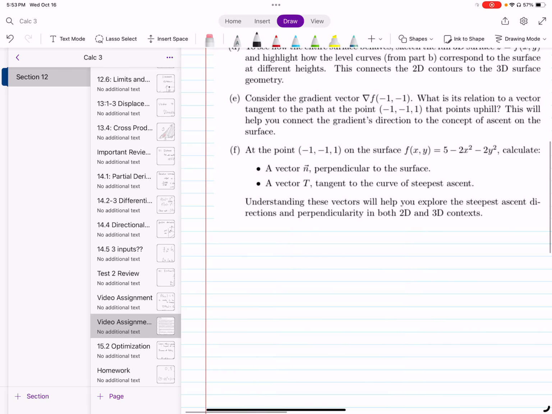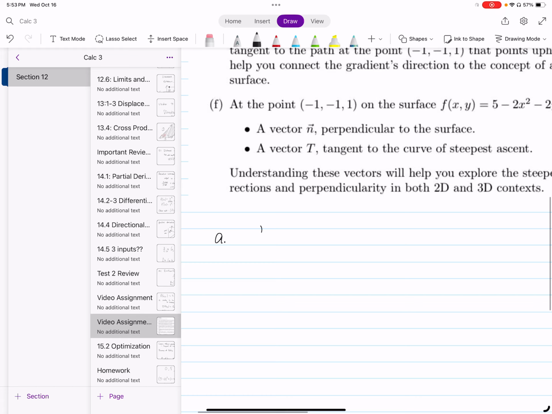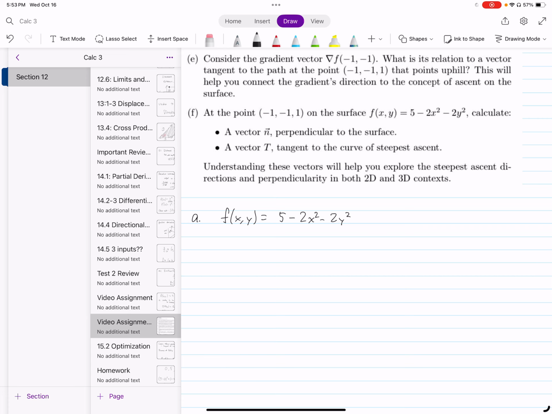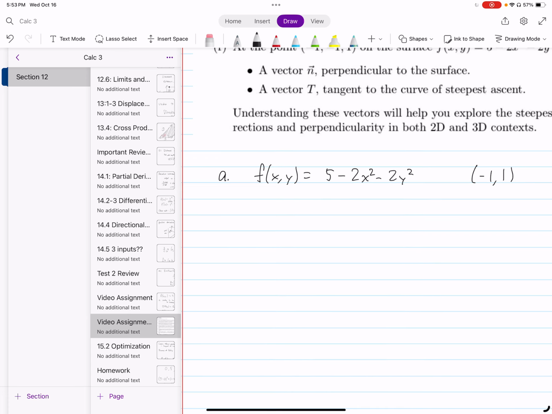So we have our function again right here. f of x, y equals 5 minus 2x squared minus 2y squared. And we want to find the perpendicular vector at the point negative 1, 1. To do this, we will take the gradient of f, which is multiplying the partial derivatives by their vector components.